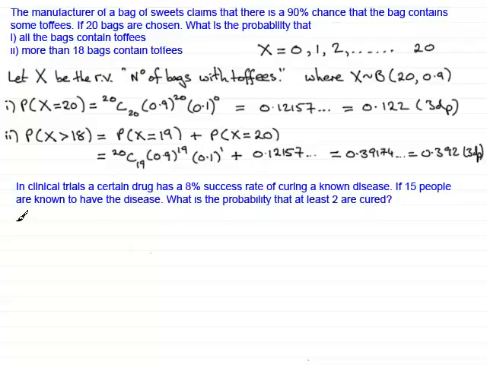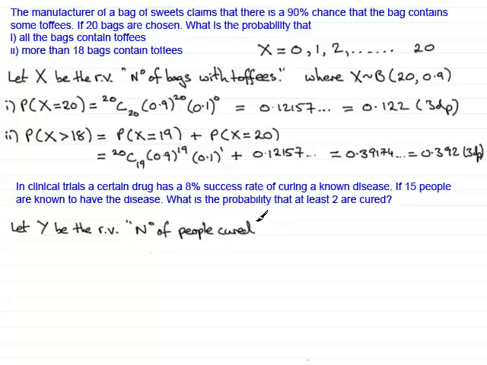So, first of all, to do this, let us define a random variable. It can be any letter, remember. Why don't we choose Y? Okay, let Y be the random variable in this particular problem, and it'll be the number of people cured.